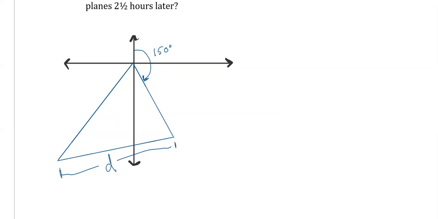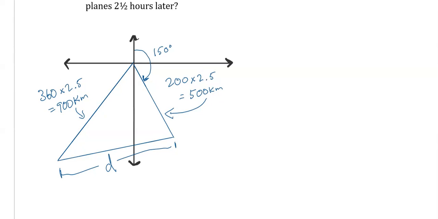So 200 kilometers an hour times 2.5 hours gives you 500 kilometers. So that's this one. And 360 kilometers an hour times 2.5 hours is 900 kilometers. You can't put speeds here.